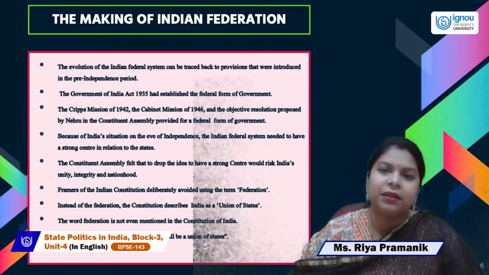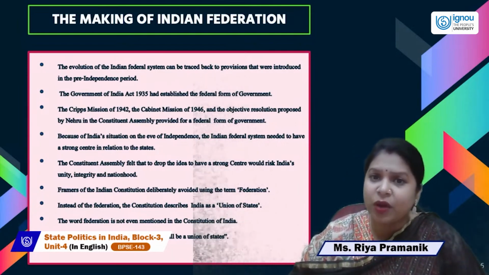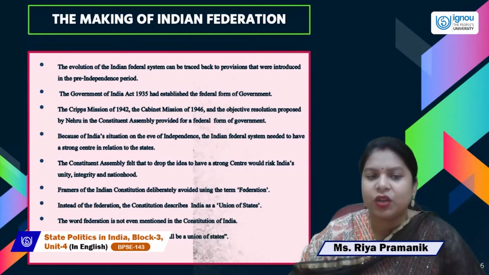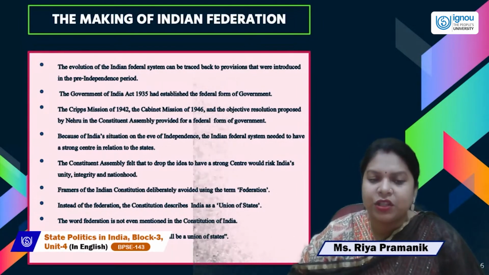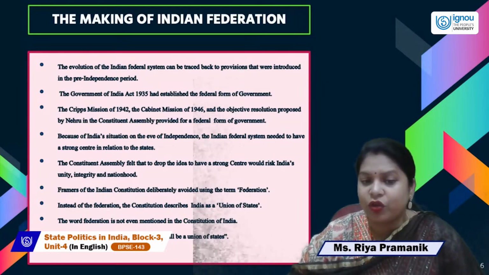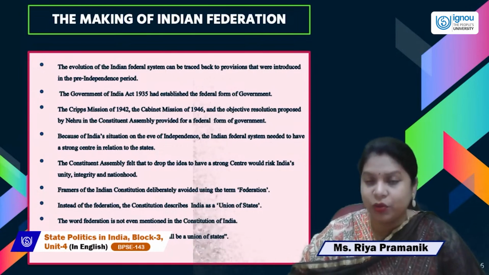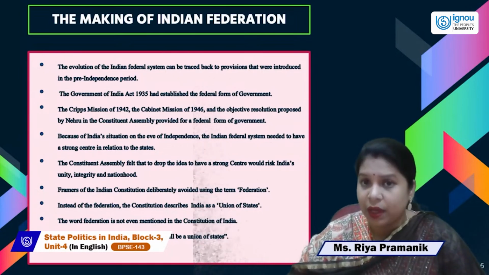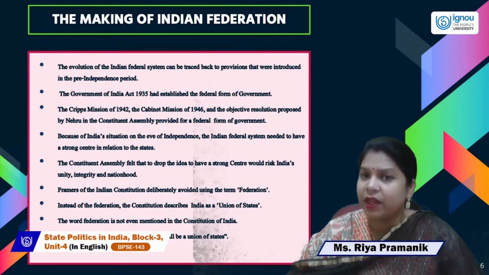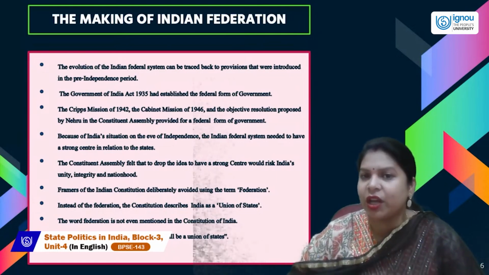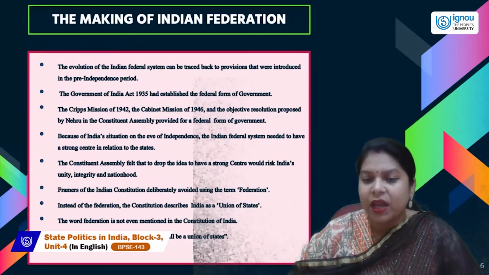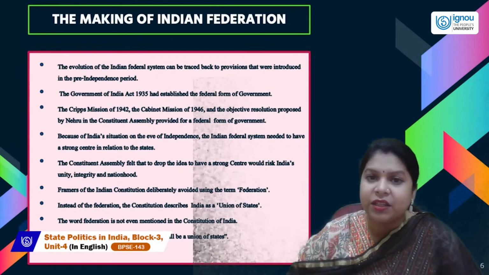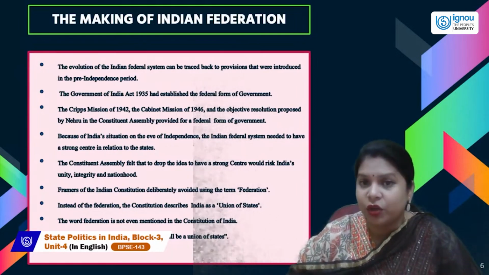So there was an urgent need for a strong center which could help in uniting the entire country. The Constituent Assembly felt that dropping the idea of a strong center would risk India's unity, integrity, and nationhood. In such a difficult time, if there is no strong union which can control the parts of India, it would risk India's unity, integrity, and nationhood.